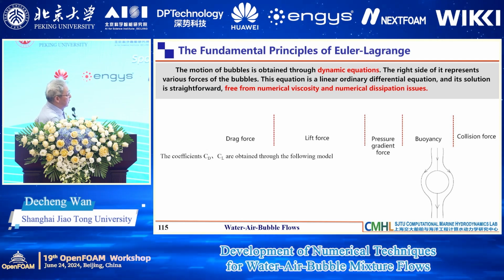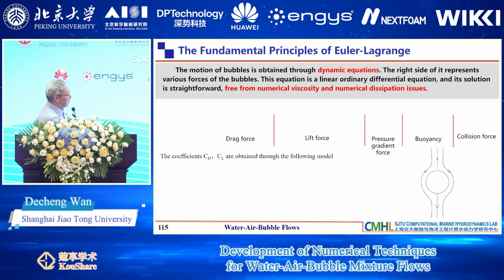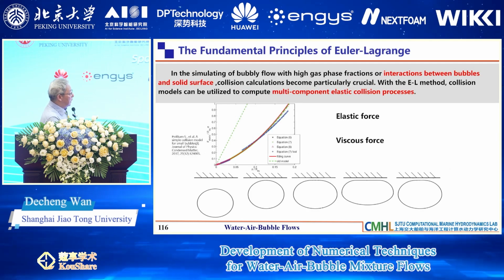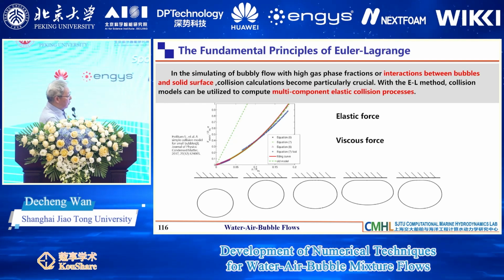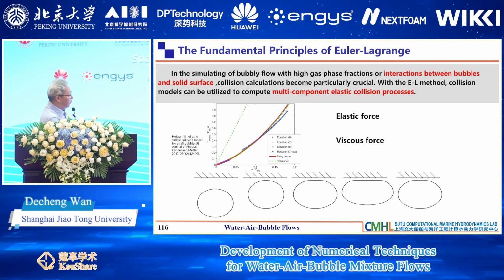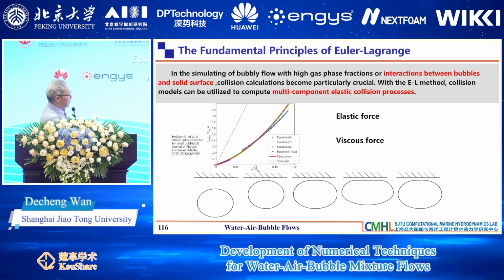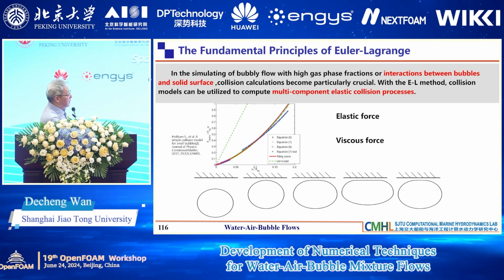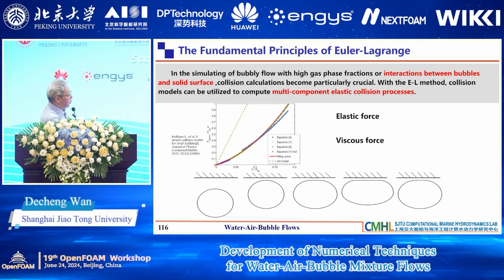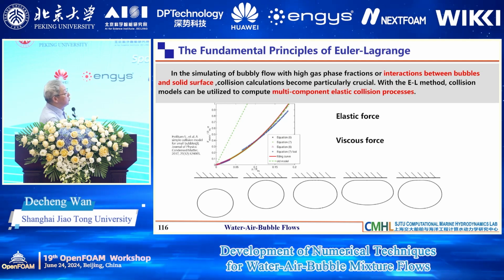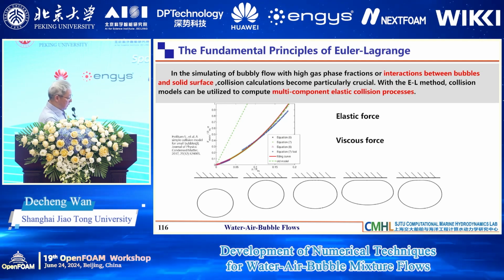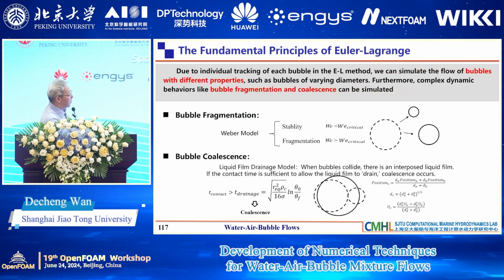In the particle equation, there is drag force, lift force, and you should also take into account how the bubble interacts with the wall. So you should take into account the elastic force and the viscous force in this Lagrange equation for the bubble flow.